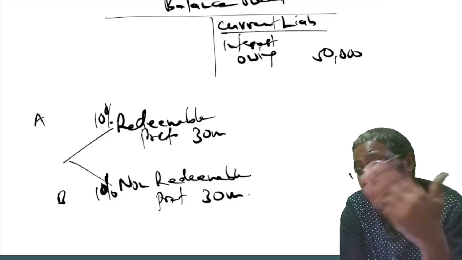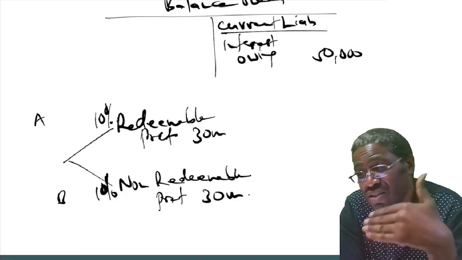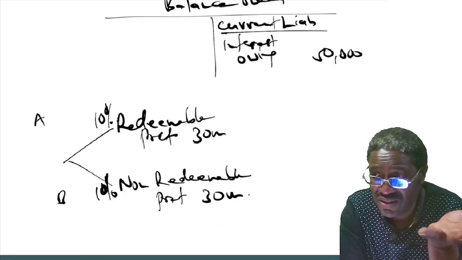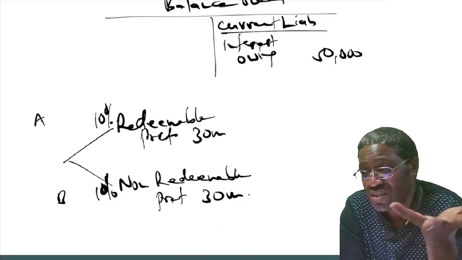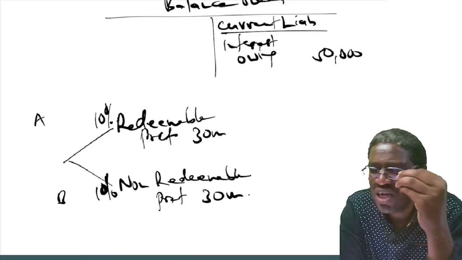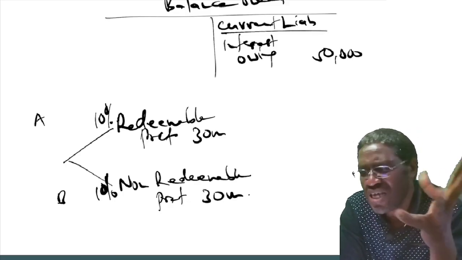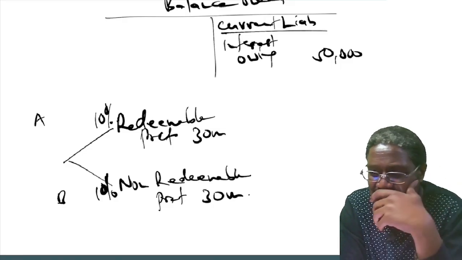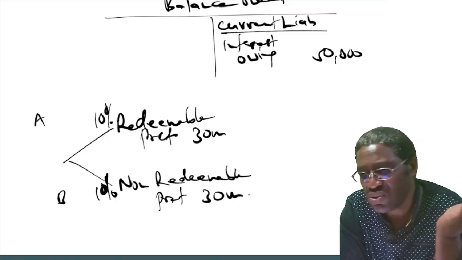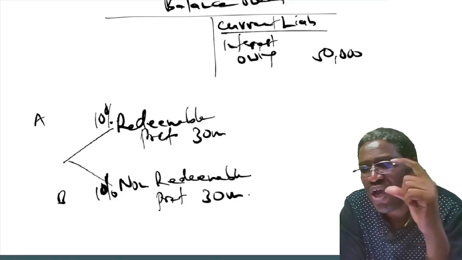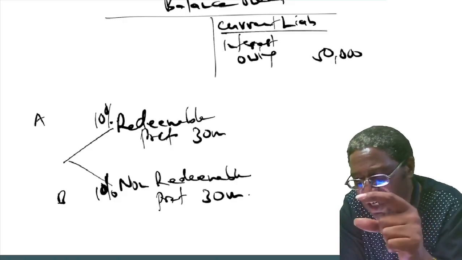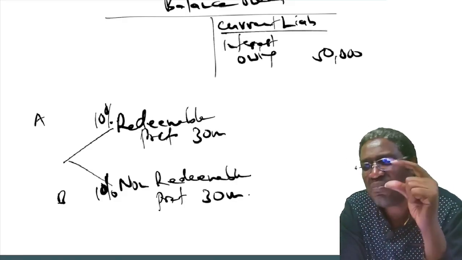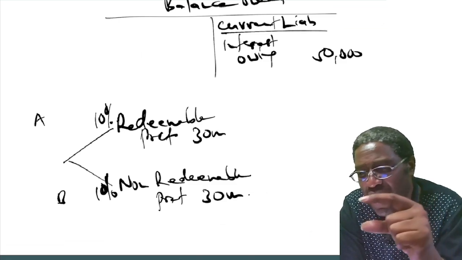Of course, each company will have its own balance sheet, but if it's like assets, will you put them both under fixed assets or current assets? I'm not saying they're assets. They're obviously not assets. But where you normally put a redeemable preference share in a balance sheet, is it the same place you will put the non-redeemable preference share?